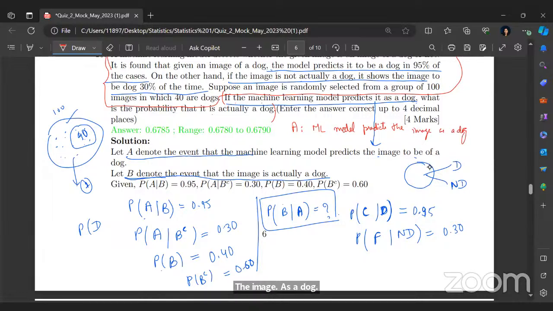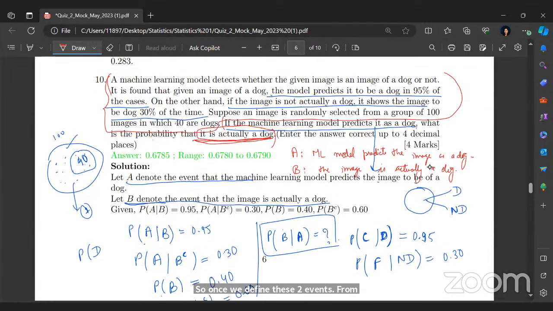You have to find what is the probability that it is actually a dog. So you can define another event B, which says the image is actually a dog. Once we define these two events, from here, you can write all the information that was given.